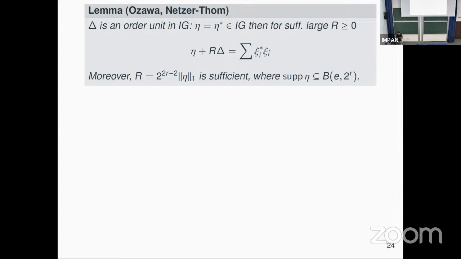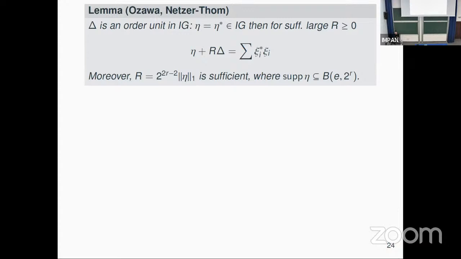And it says that this Laplacian, if you look at self-adjoint elements inside the augmentation ideal, is an order unit, which means that if you have a self-adjoint element in the augmentation ideal and add a sufficiently large multiple of the Laplacian, then the sum becomes a sum of squares.